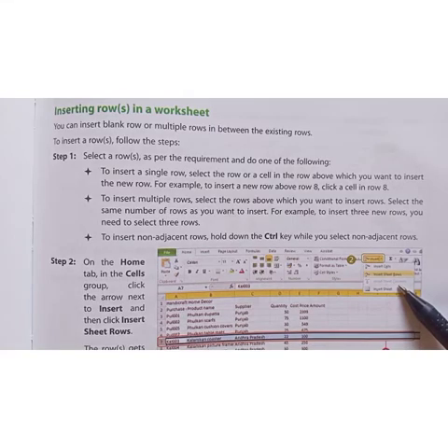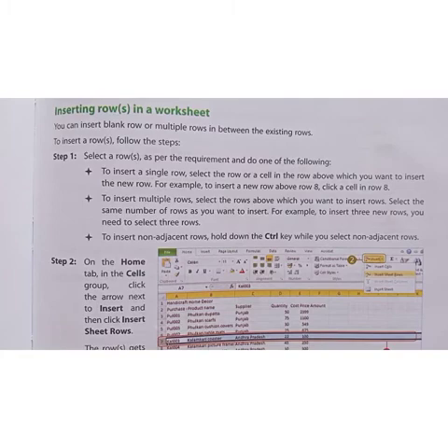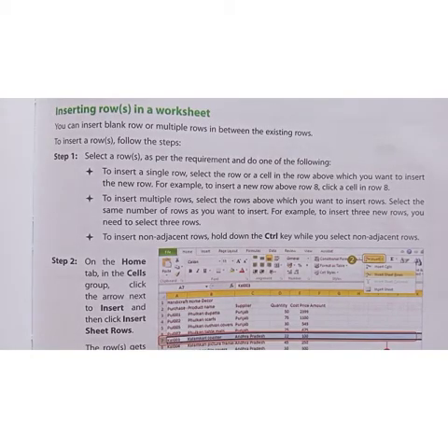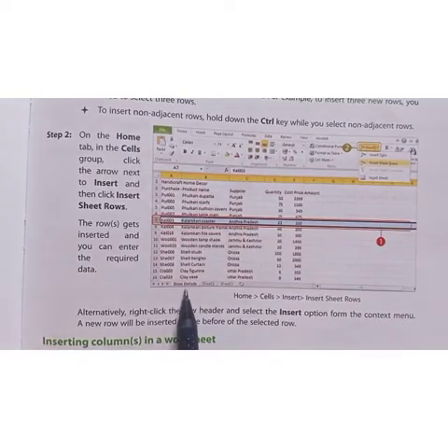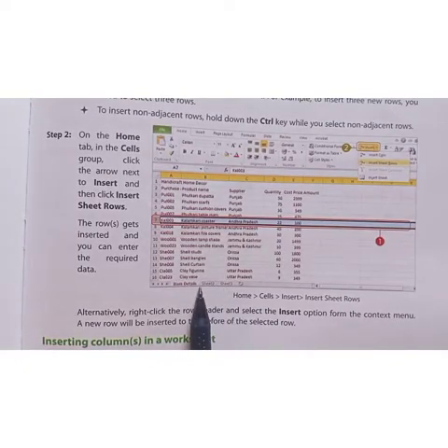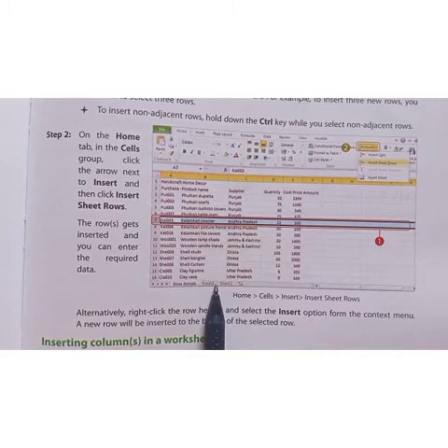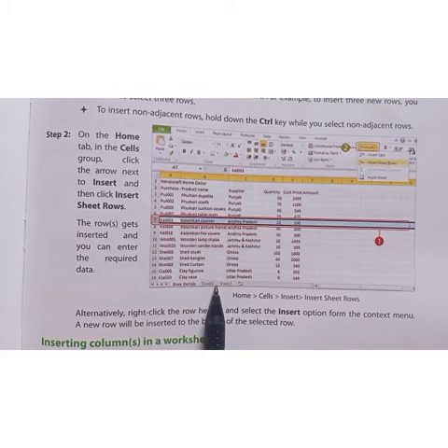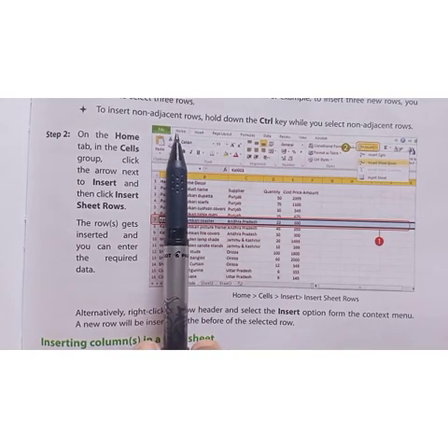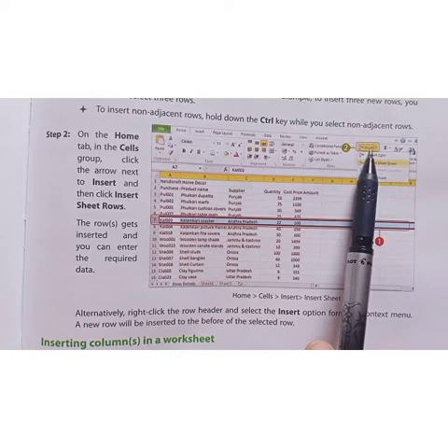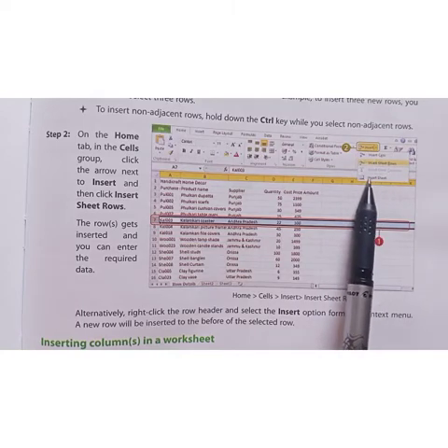If you wish, you can insert a new sheet also the same way. You can see the sheet tabs are there. Click on that particular sheet tab before which you wish to insert the sheet. After that, repeat the same procedure: go to the Home tab, go to the Cells group, click on Insert, and this time Insert Sheet.